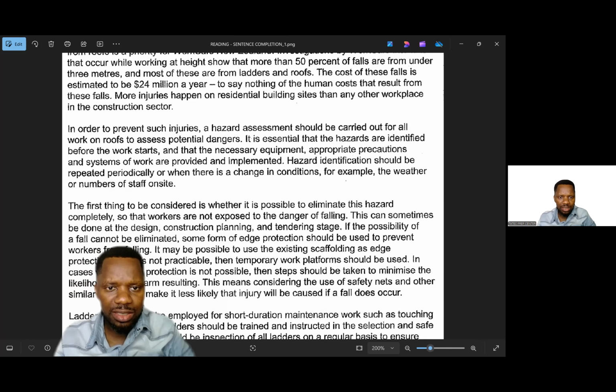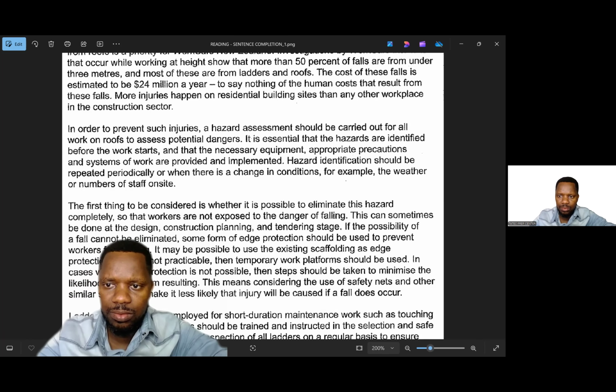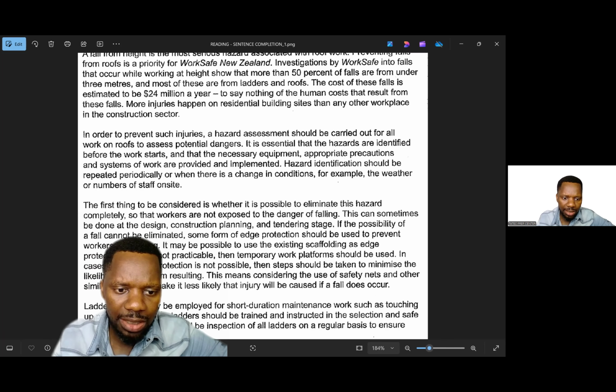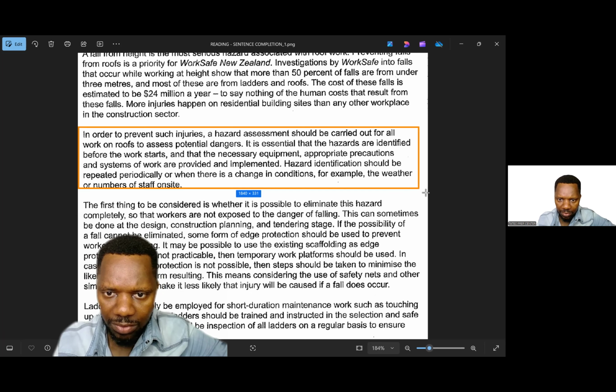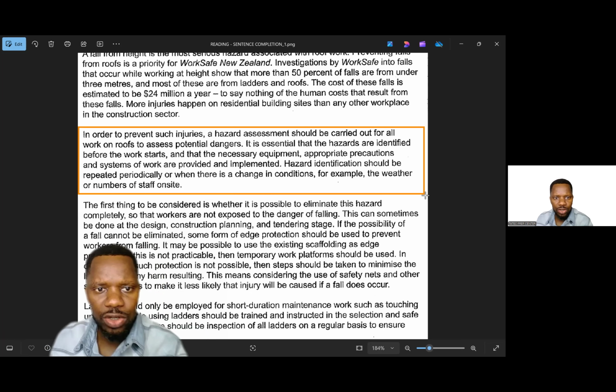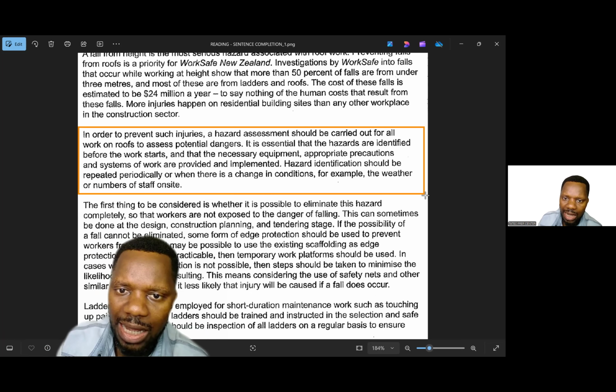Here is the second paragraph. Would that give us our answer? Let's find out. In order to prevent such injuries, a hazard assessment should be carried out for all work on roofs to assess potential dangers.